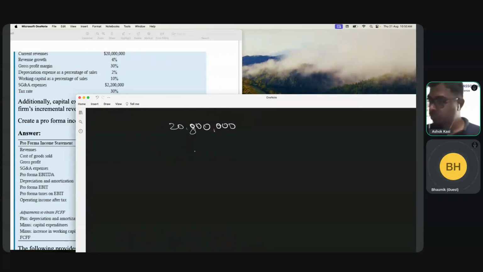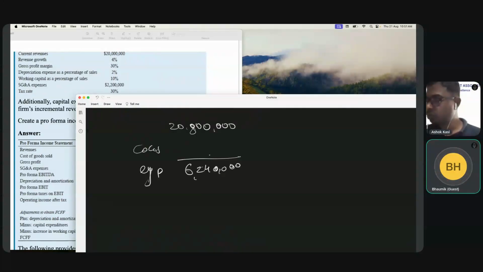So take 30% of 20,800,000, which is 6,240,000.